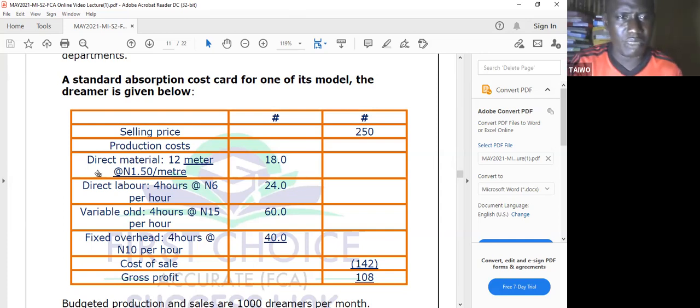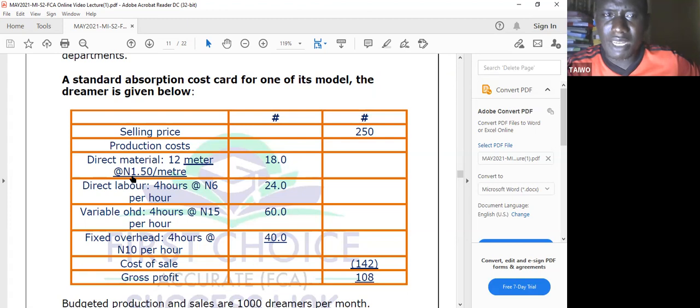For the production cost, they said the direct materials will be 12 meters at 150 kobo per meter. It means that for each bed, I set to use 12 meters, and each meter is 1 naira 50 kobo.